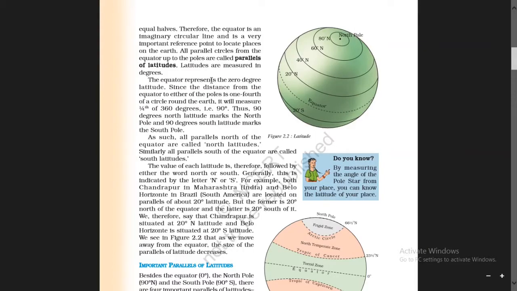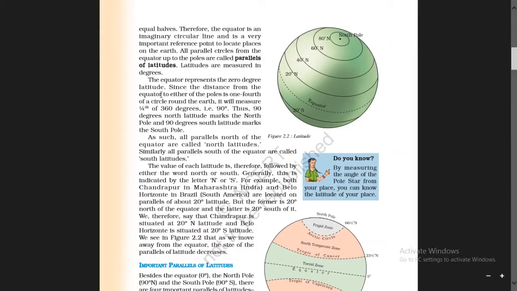The equator represents the 0 degree latitude. Boys, remember, the equator represents the 0 degree latitude.